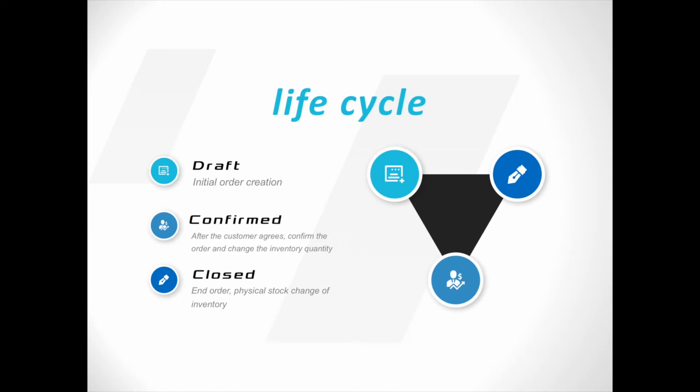When you confirm the order, the arriving quantity increases, and when you close the purchase order, the physical stock increases. When the order is closed, you can't change it. It is the same for the sales order. When the sales order is confirmed, the locked stock increases. When you close the sales order, the physical stock decreases.